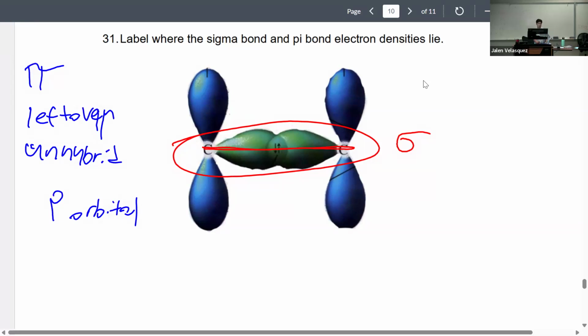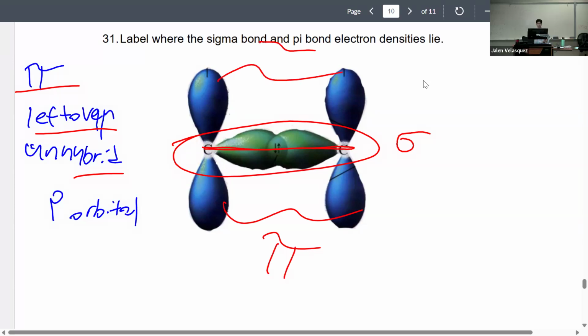You might have some leftover pi at the end of the night, right? So a pi bond is the leftover, unhybridized p orbital. The pi bond is found outside of that axis, so we find pi here and here. Do make sure you know that. Last year that was on the test and it threw a lot of people off. So just make sure you know where those are.